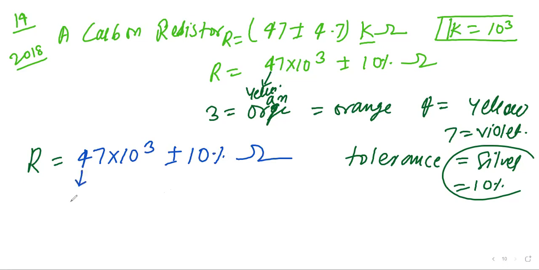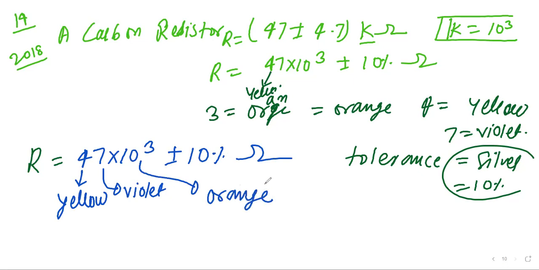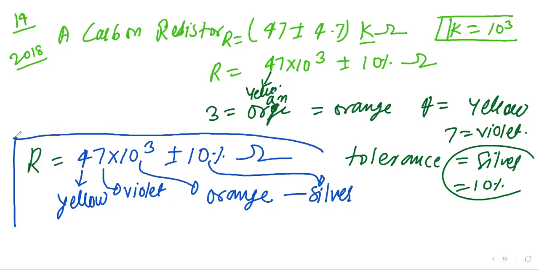So 4 is yellow, 7 is violet, and tolerance is 10%. Yellow, violet. Next, the multiplier is 10 raised to 3, so it will be orange. Next is silver, due to this 10%. So please write this explanation.